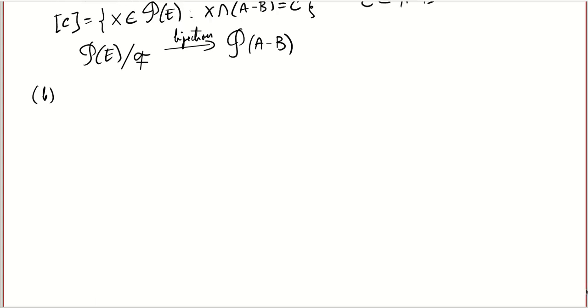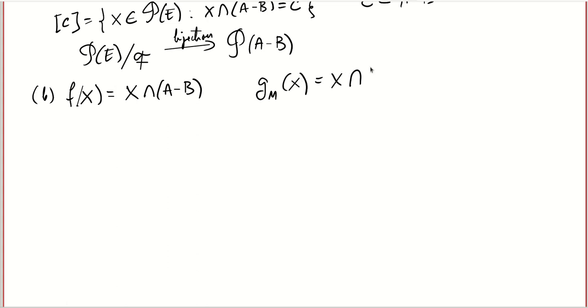For that, what we're going to do is the following. We know that according to the rewriting we've made, f of x is also x intersection with A minus B, which means that g_M of x, which is defined the same way, is going to be x intersection with M minus B, right?